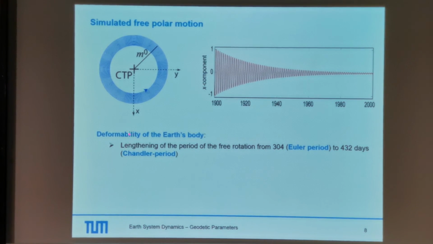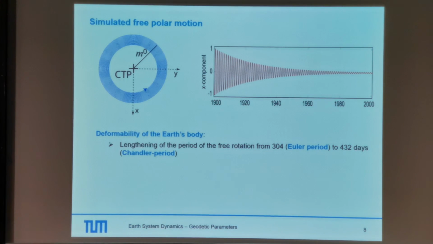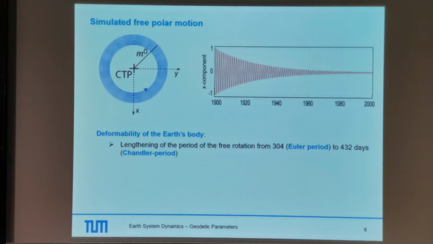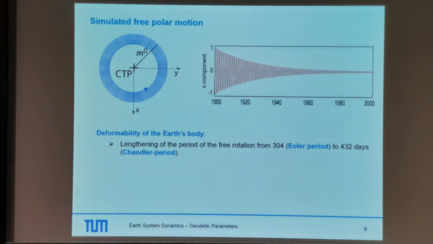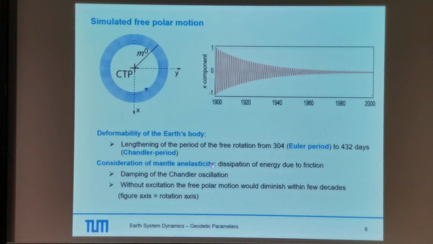We have the deformability of the Earth body within this graph here, because it is lengthening the period of the free rotation from 304 days to 432 days. That was 304 days, the Euler period, where the Earth is a rigid body. If the Earth is deformable, this period changes to 432 days. But more important is the next point, the consideration of the mantle unelasticity.